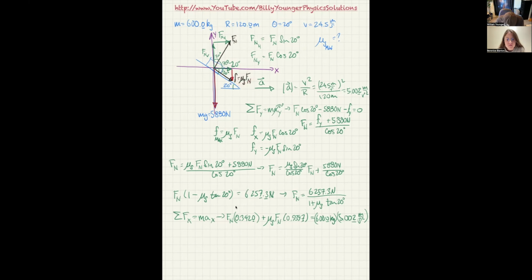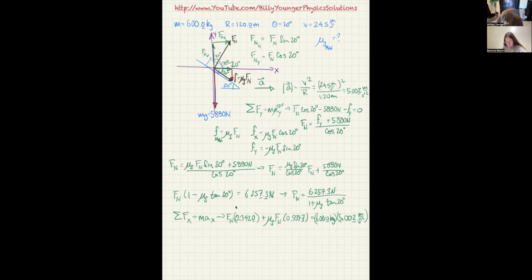That's why I have that there. That's my normal force, but now I need to multiply it by cosine so I can get that little component. So this is the cosine 20 times the friction. Those are the only two forces we see acting in the x direction at all.